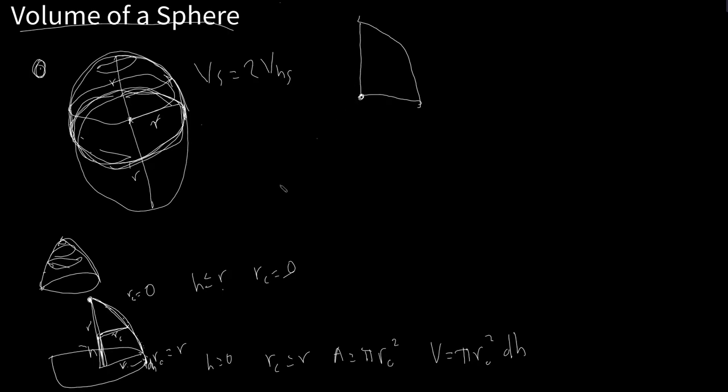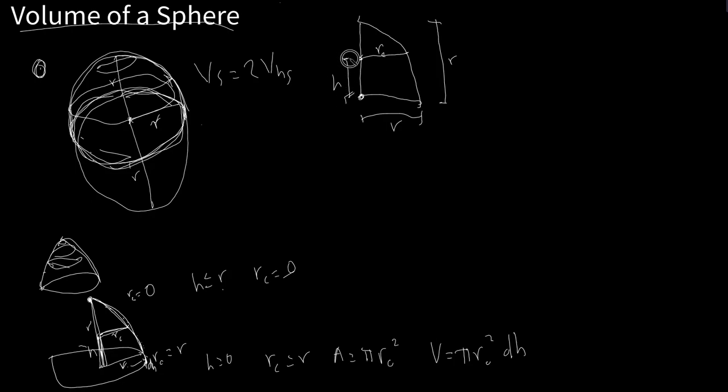This is the center of the sphere because, again, imagine this is the top half of the sphere, this is the center, right? And then we know that this is r, we know that this height over here is r, and we want to find the r sub c at this given height h, right?